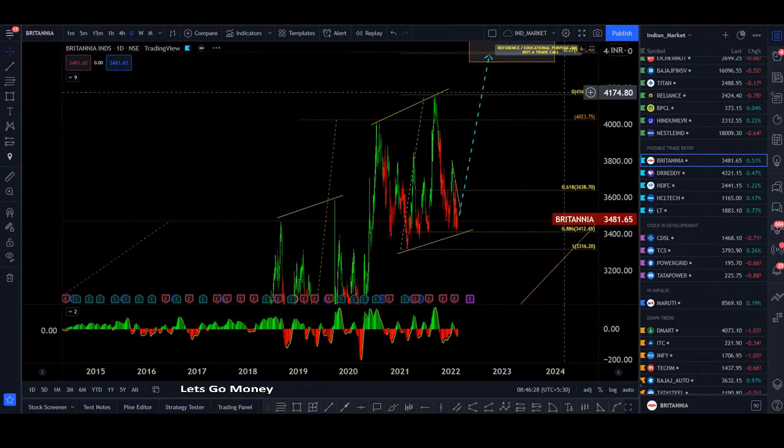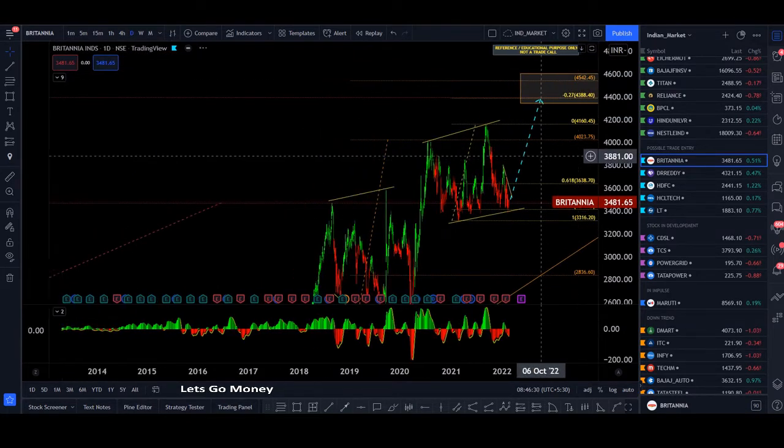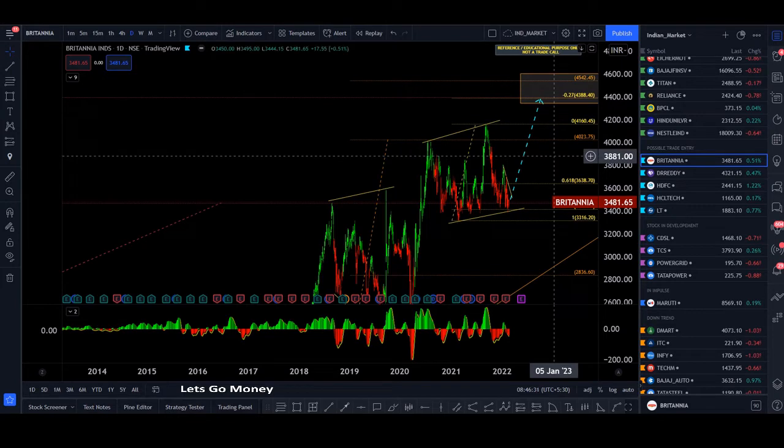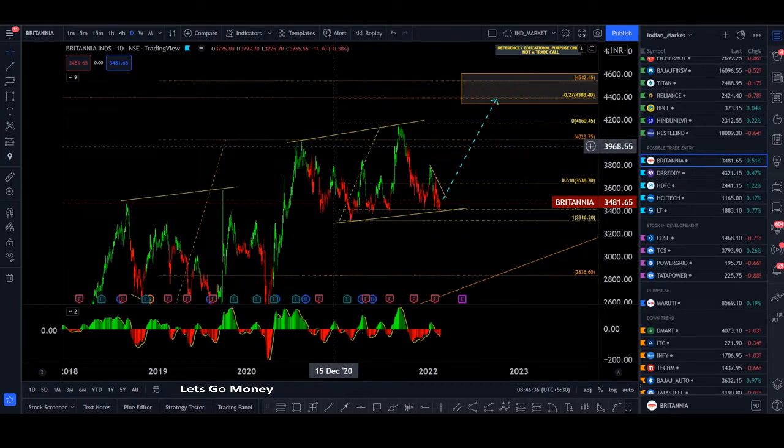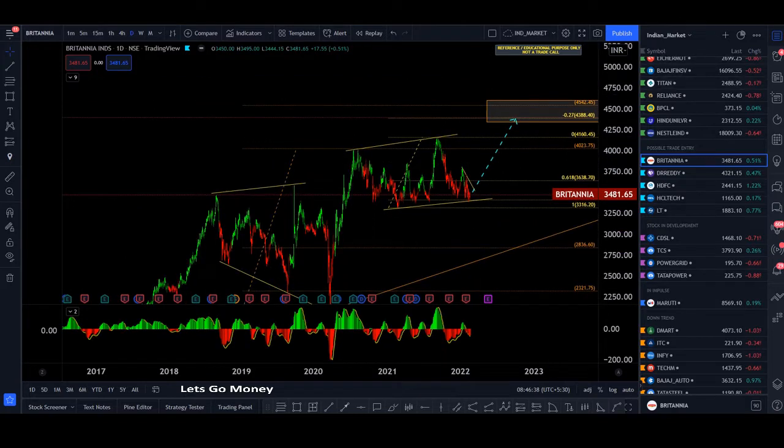If you see the daily chart, you can see that it has completed the C wave. Basically we made an impulse followed by A, B and C, and it has touched the retracement level and completed the C wave.